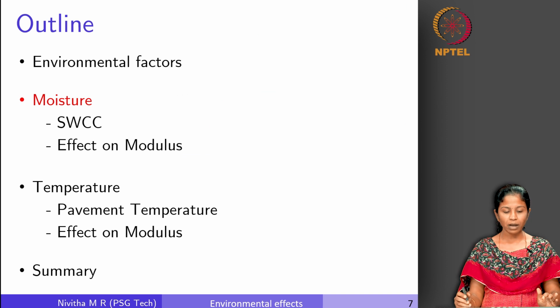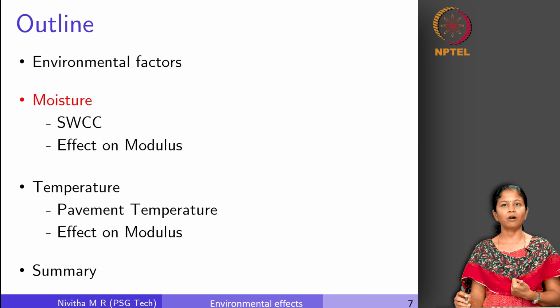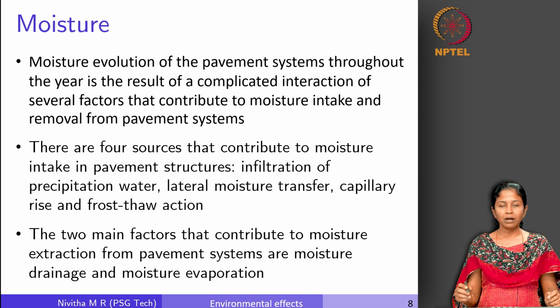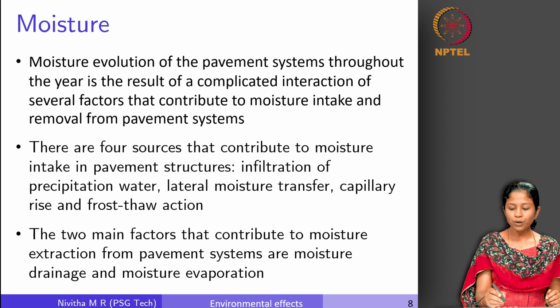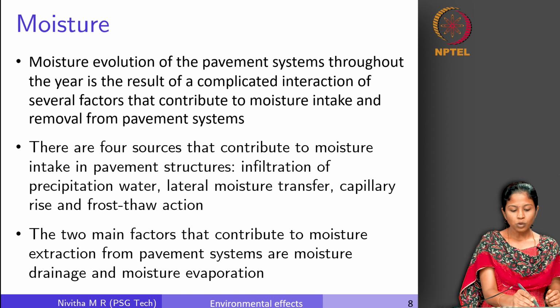Now let us start talking about moisture in specific, right. How moisture influences the modulus value, how it is taken into consideration, and what is the degree of influence on the modulus parameters. So in a generic tone, consider moisture evolution in a pavement system throughout the year.